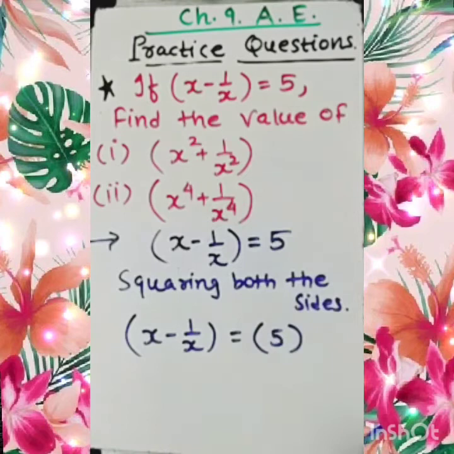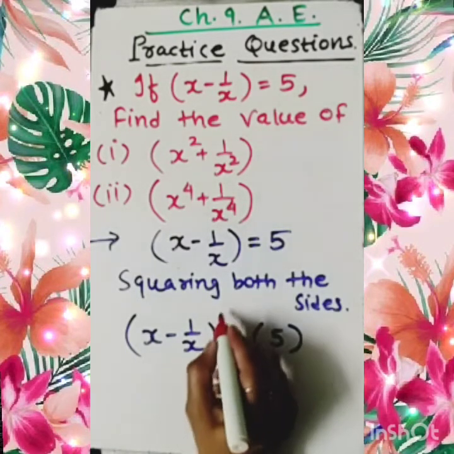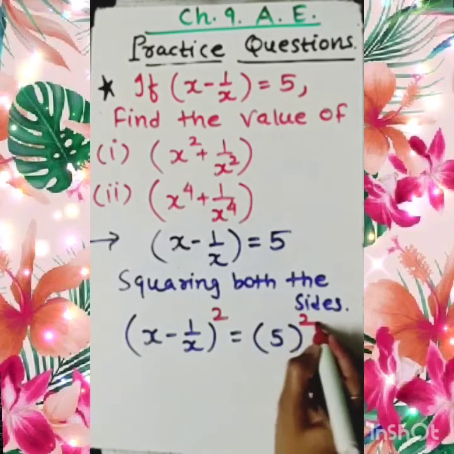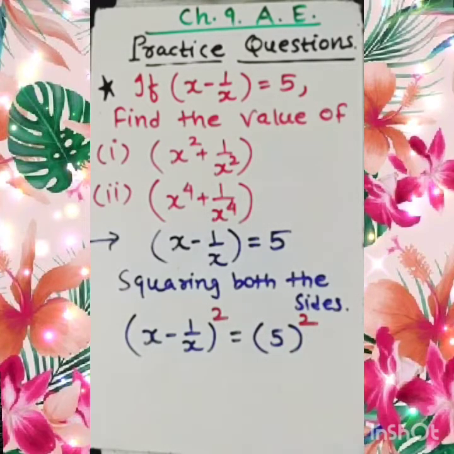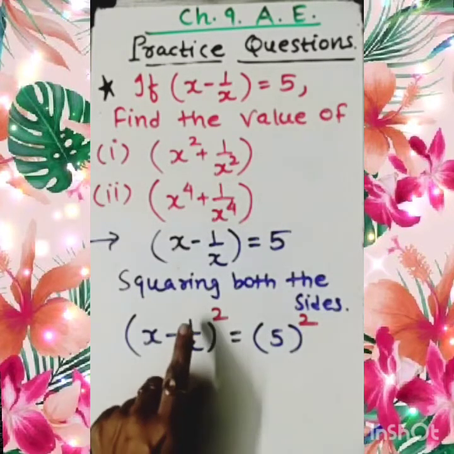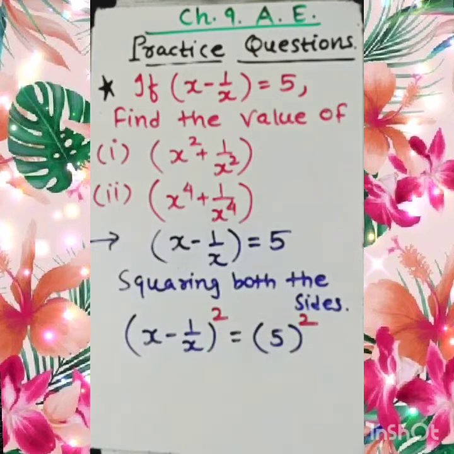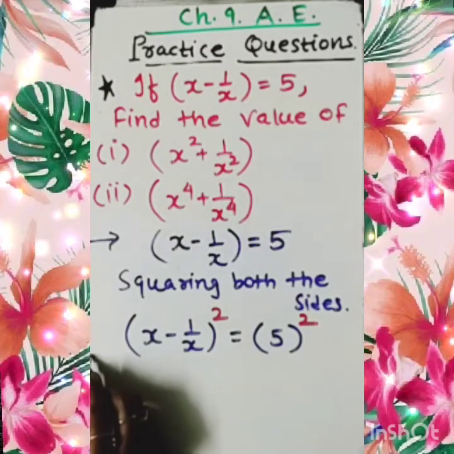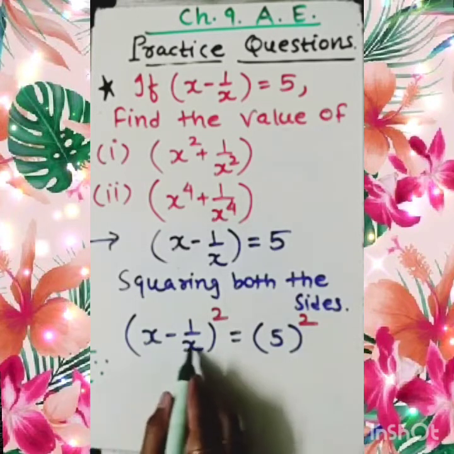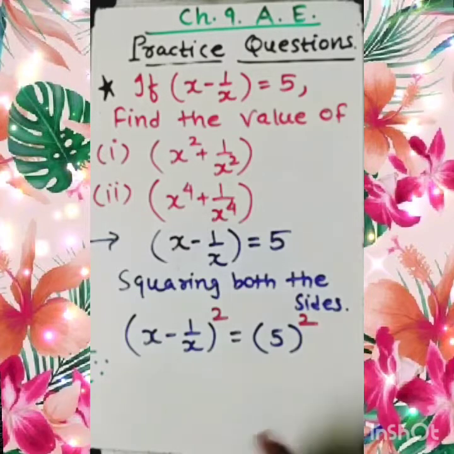This we are given, and now we apply the squaring on LHS and RHS both. Now you can see x minus 1 upon x whole square. So quickly your mind strikes the identity. Which identity do we need to apply here? Of course, (a minus b) whole square, the second identity.